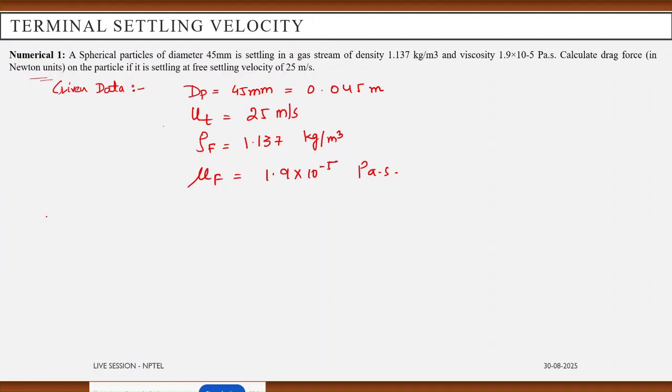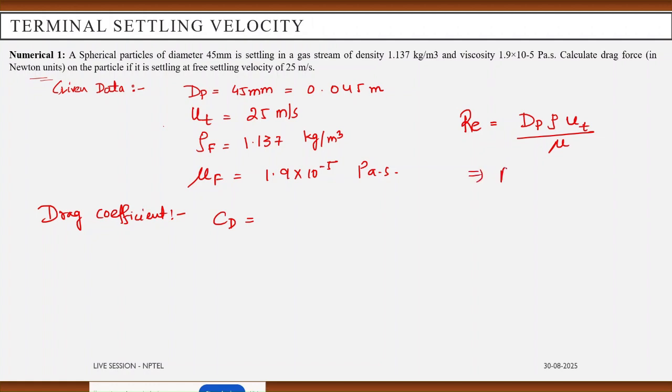Now you know what the drag force is, but before that you have to calculate the drag coefficient value. What will be the drag coefficient value? You need to calculate the Reynolds number. The Reynolds number is given by d rho u by mu. You calculate and let me know the value of the Reynolds number.